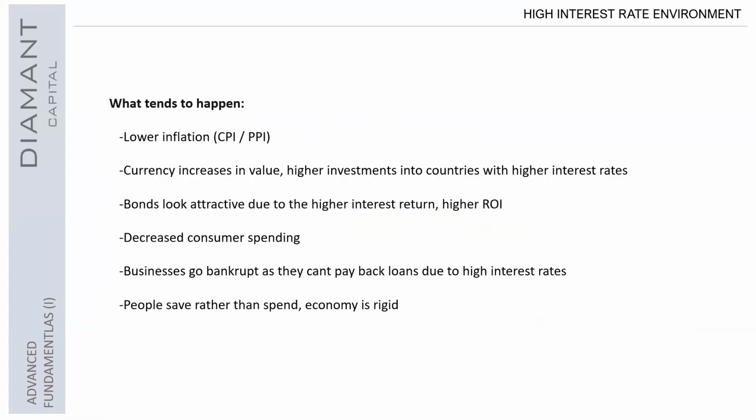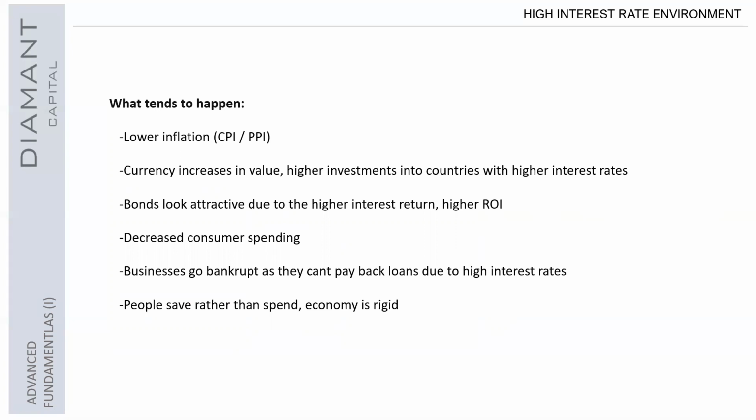Now, just a brief summary of what actually tends to happen. You start to see, first of all, lower inflation rates as seen through the CPI and PPI data. Then your currency increases in value, higher investment into countries with higher interest rates. I don't think I've discussed this previously, but I just want to clear it up now.